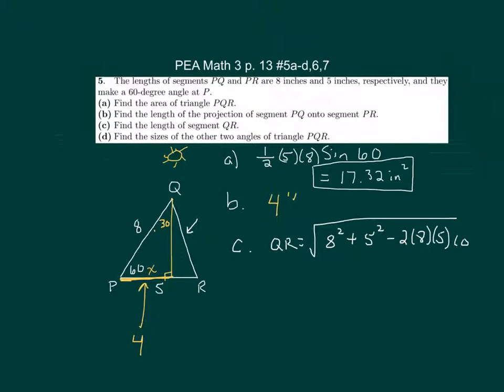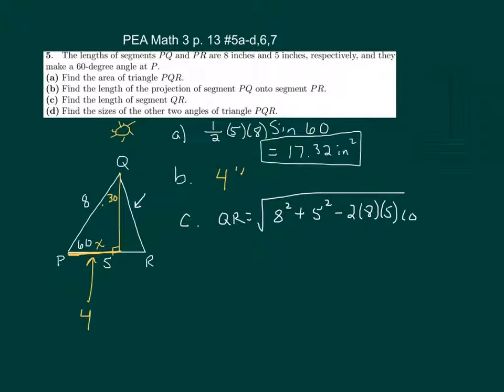Shrink it up a little more to fit. So that will give you QR. And what did you get for that, Alex? 7? Wow, that's a nice whole number.